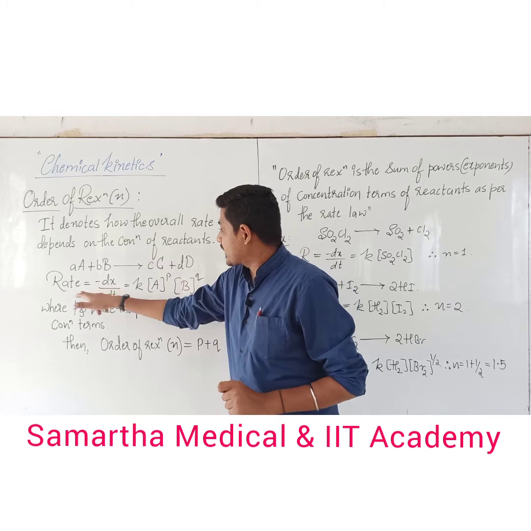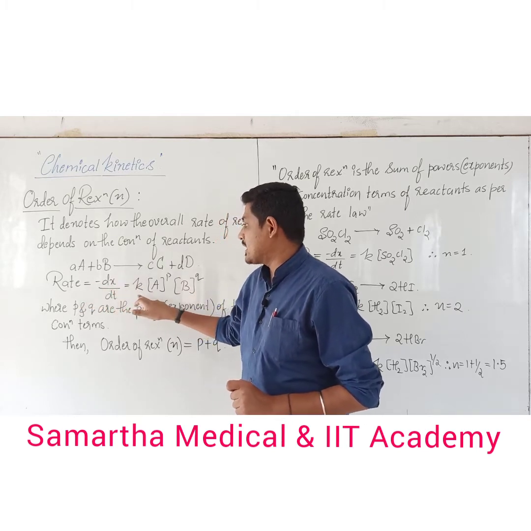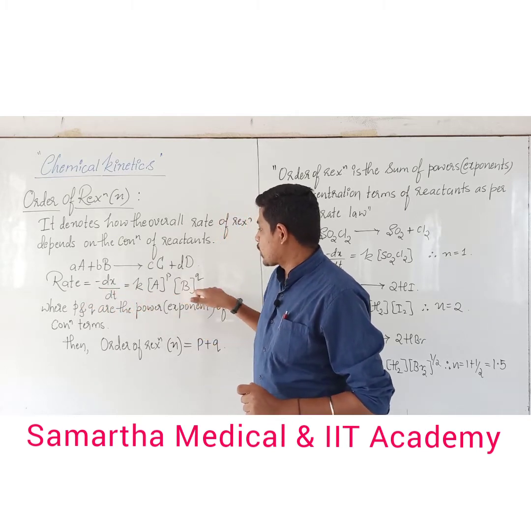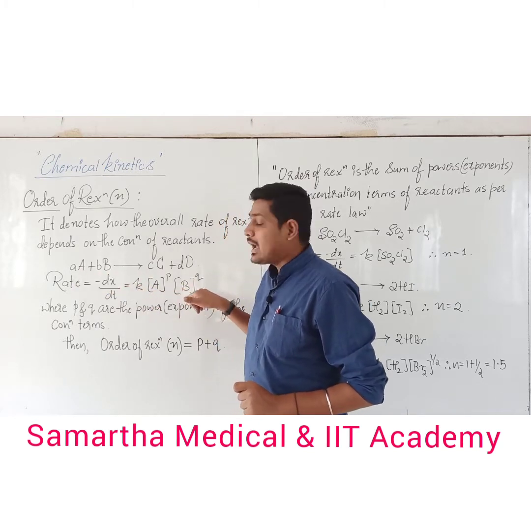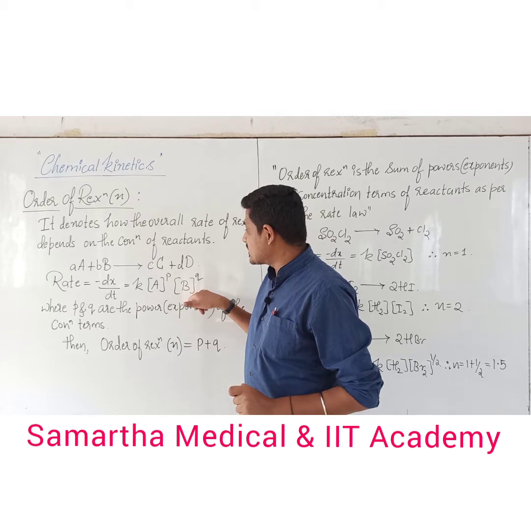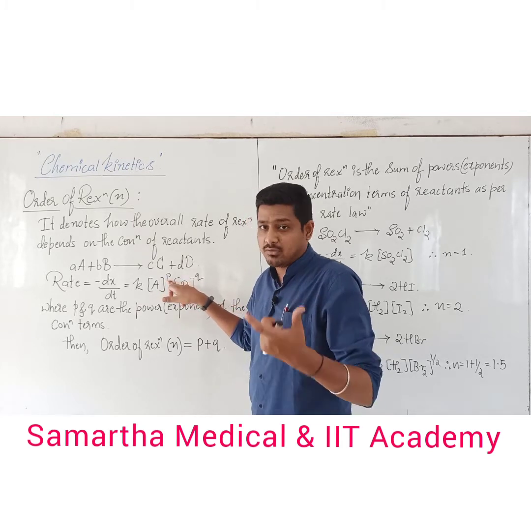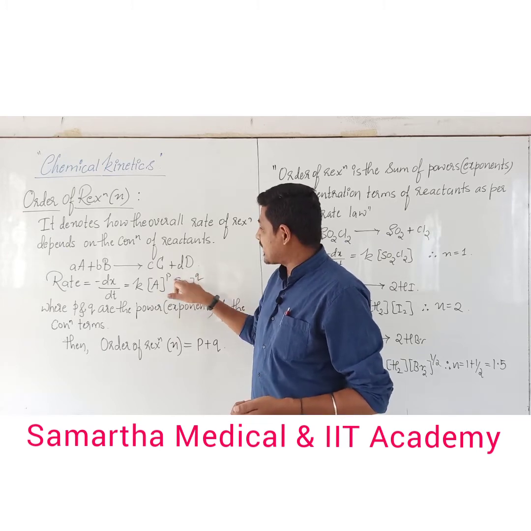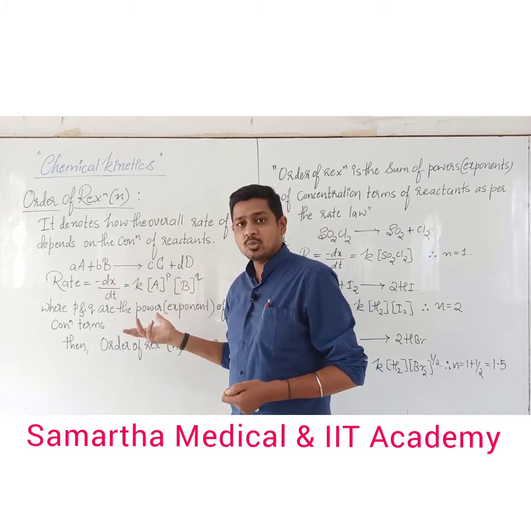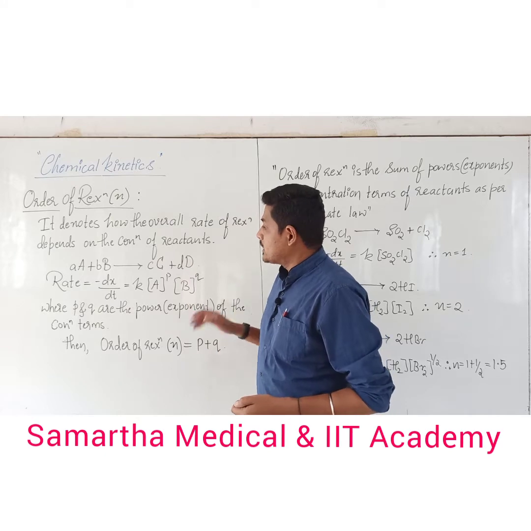Next, rate is equal to minus (1/a) dx/dt, which equals the rate constant times the product of the molar concentrations of the reactants, and these concentration terms are raised to some powers. These powers or exponents may or may not be the same.